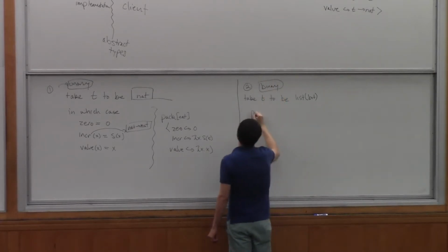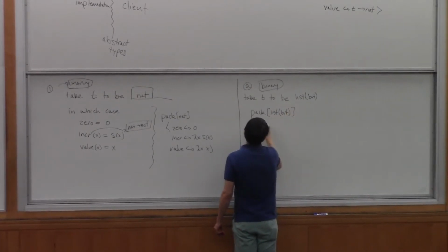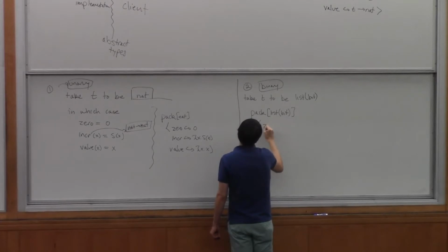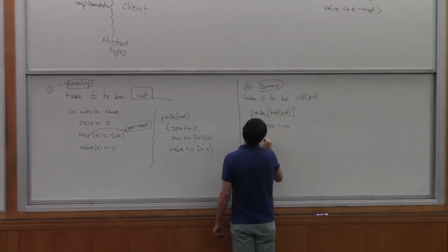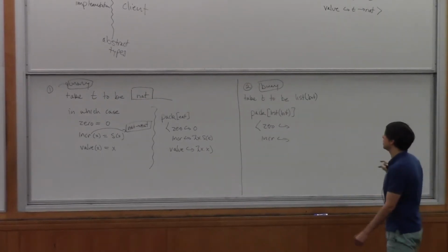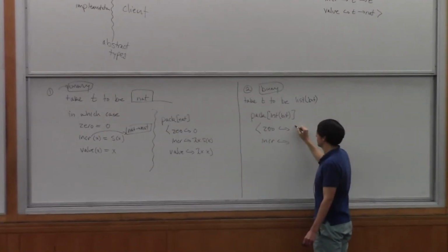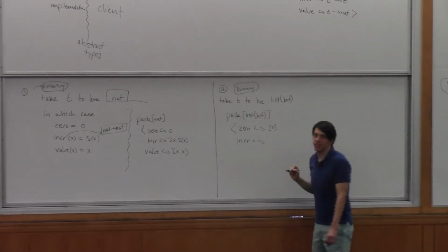Okay, so what we would say now is pack list of bit with 0 is defined to be something, increment is defined to be something, etc. So what should we take 0 to be for a list of bits? Well, there's many choices, right?